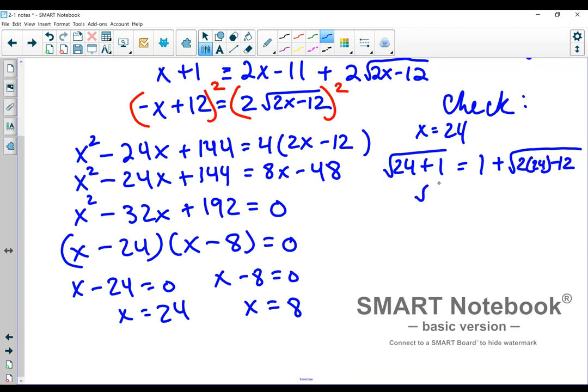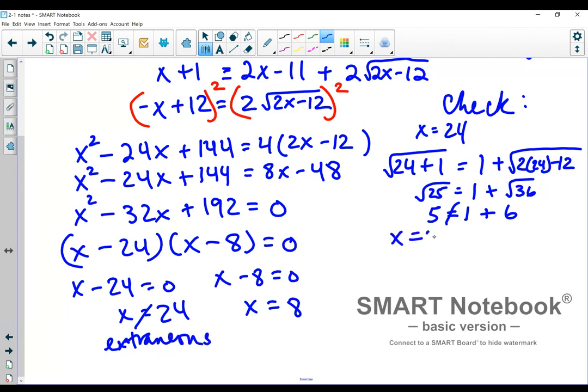So this would be the square root of 25. See, 2 times 24 is 48 minus 12, square root of 36. So 5 equals 1 plus 6. So that's not working. So this one's going to be extraneous. And let's hope the other one works now, right?